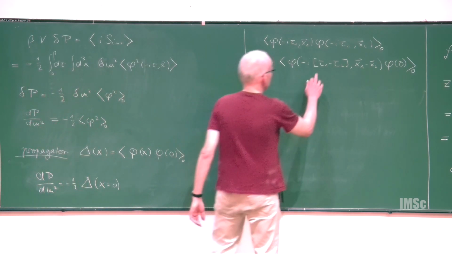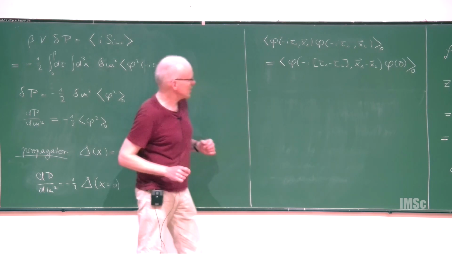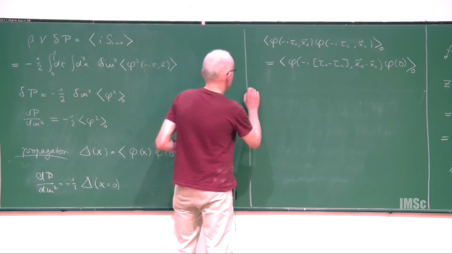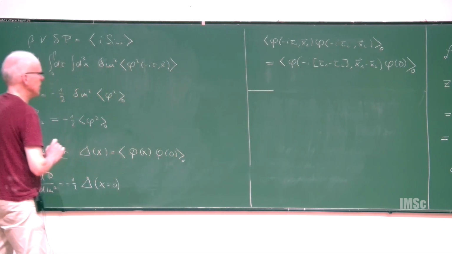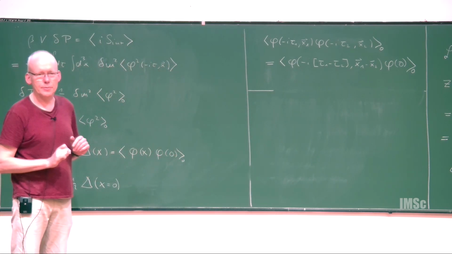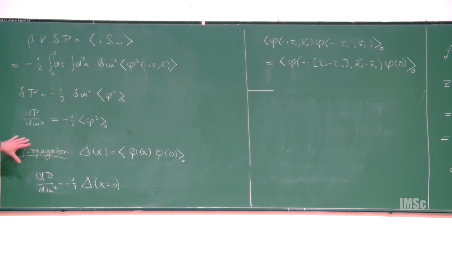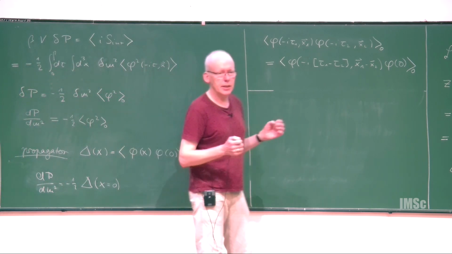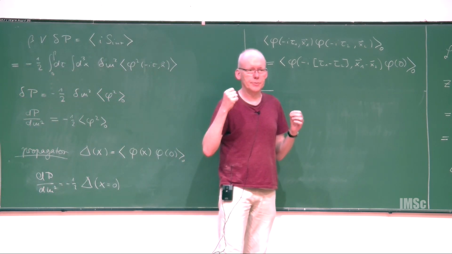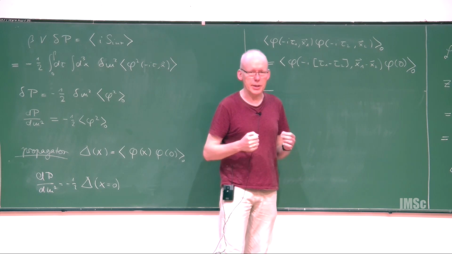So far we have only introduced this for positive values. That's another exercise. We introduced the propagator here in the path integral picture, but we can also define it in operator language.